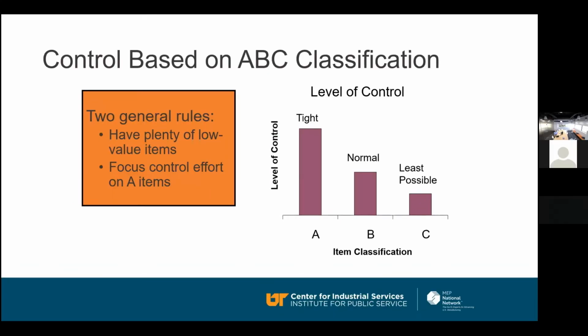That's up to you to define. It's based on your culture. It's based on the volatility of your environment and the volatility of your inventory. We can talk about that, but the principle still applies. You're going to control some items much more closely than you're going to control the rest.